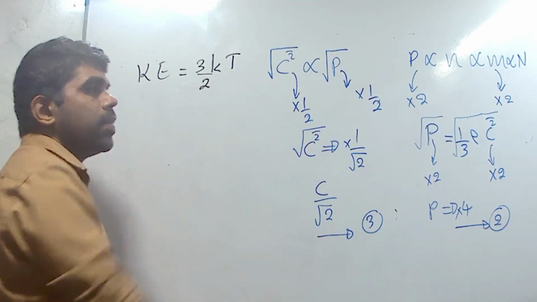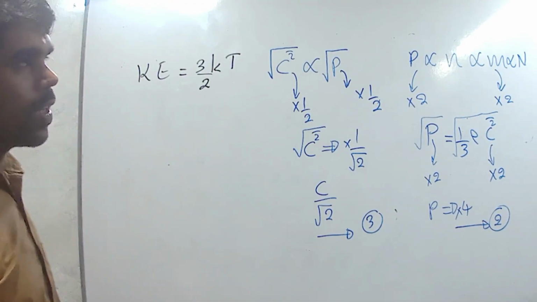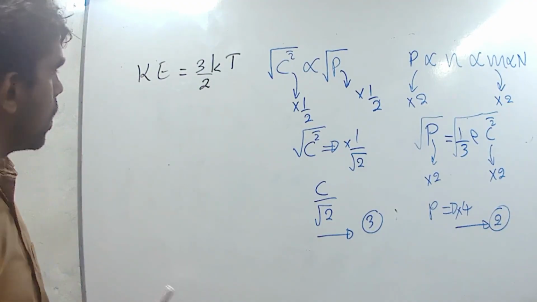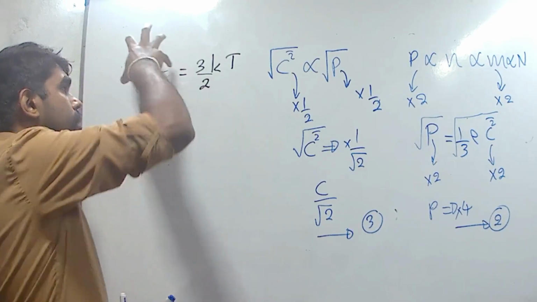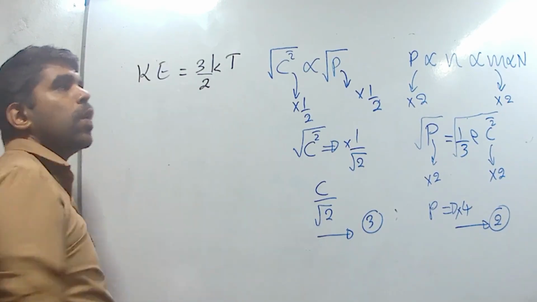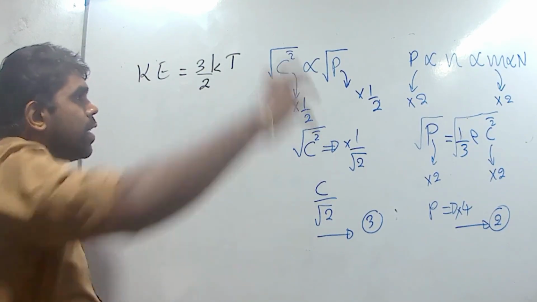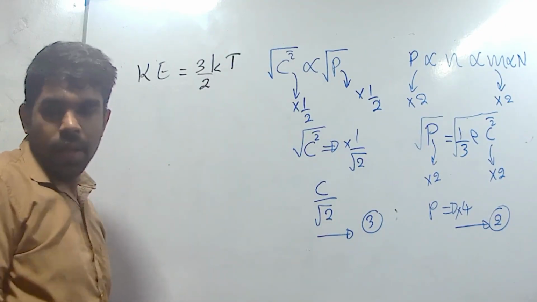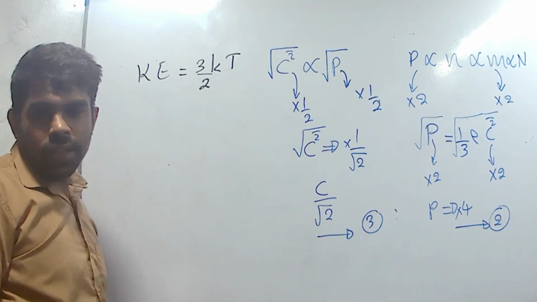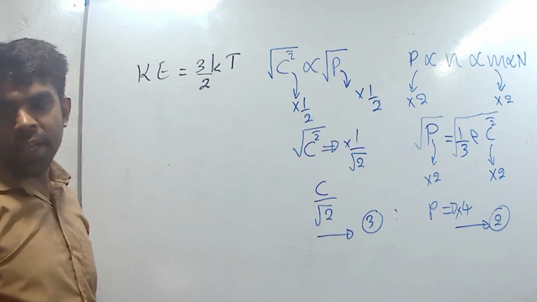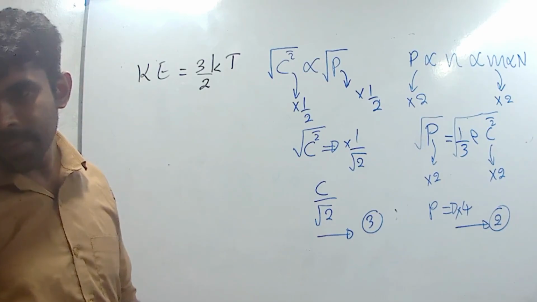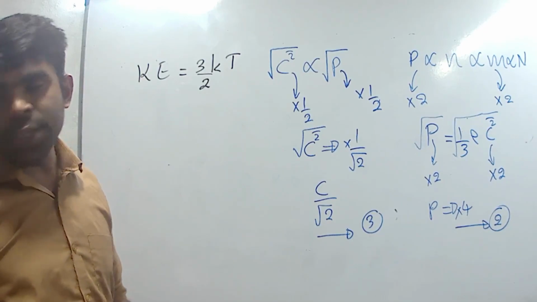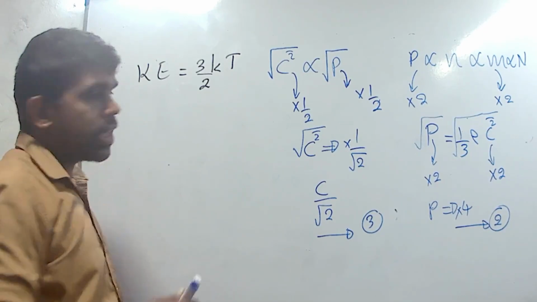K is the Boltzmann constant. Then we can obtain that kinetic energy of a molecule or kinetic energy of a gas depends only on temperature. Now temperature is constant, therefore kinetic energy will not change. Then ratio is 1, answer is 3.